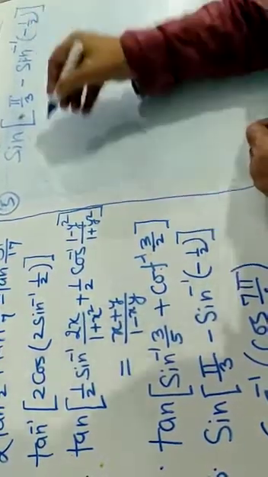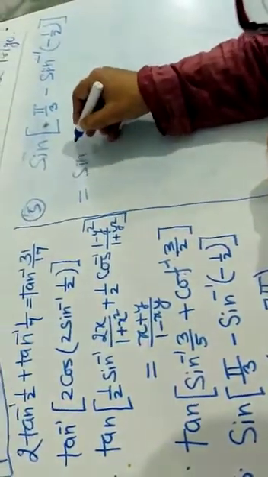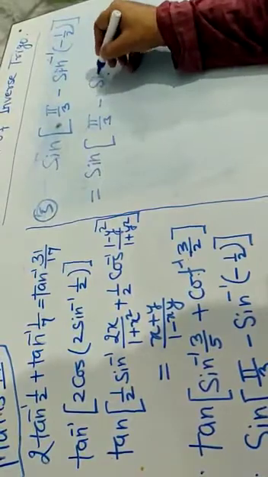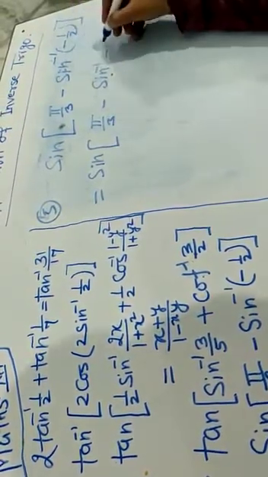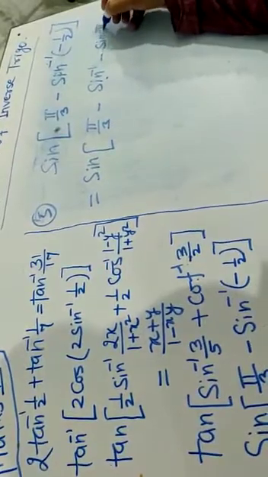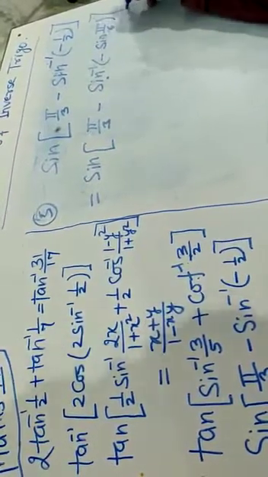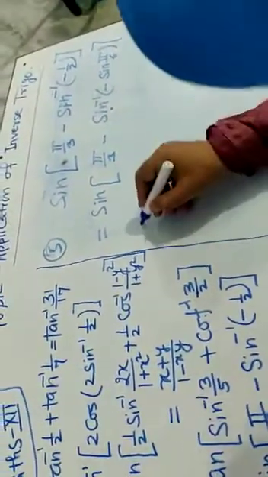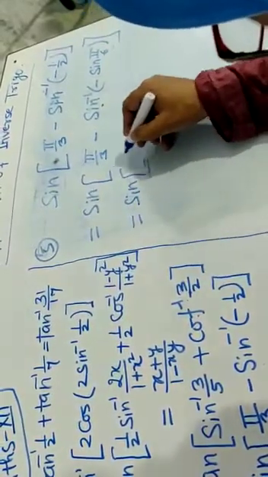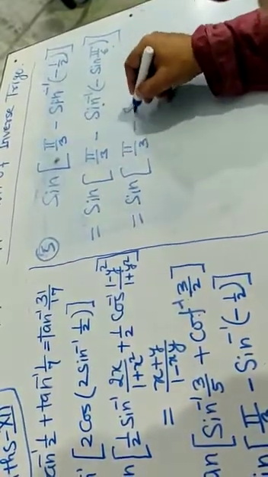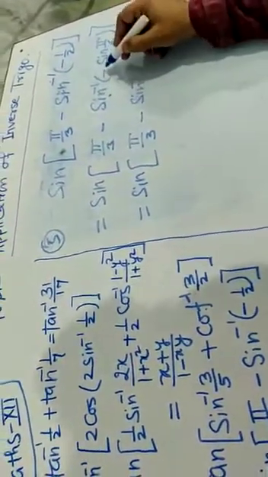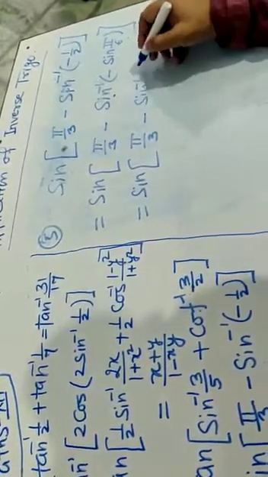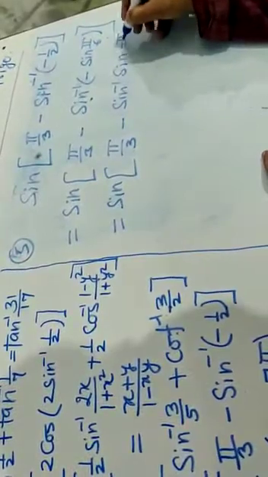You have to simplify it. Instead of 1 by 2, you write sin pi by 6. Now this is minus sin pi by 6; you go to the fourth quadrant and write sin of minus pi by 6.